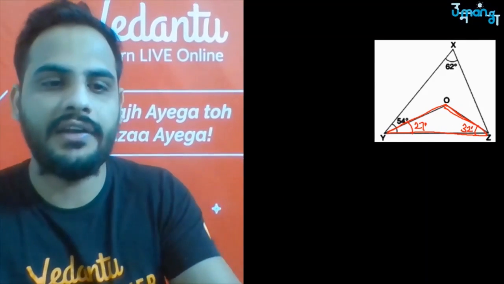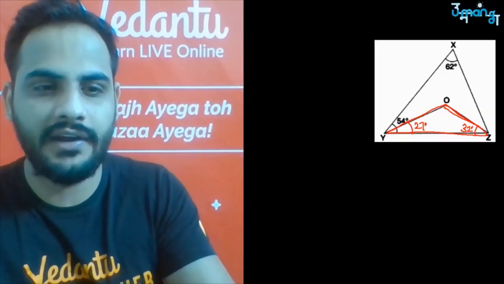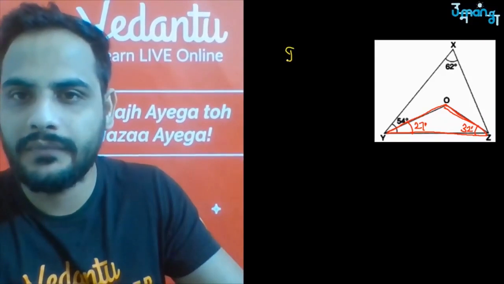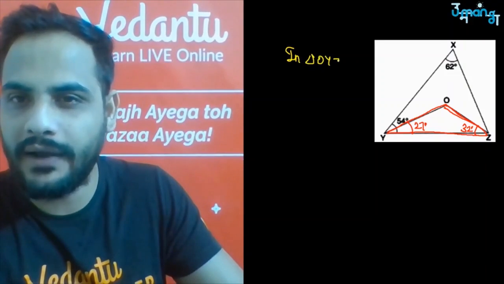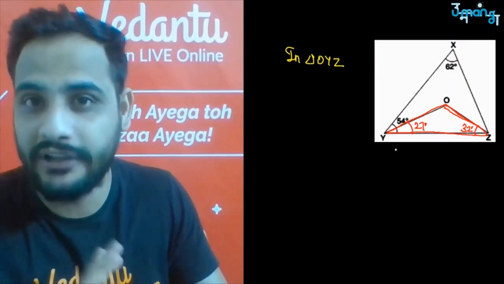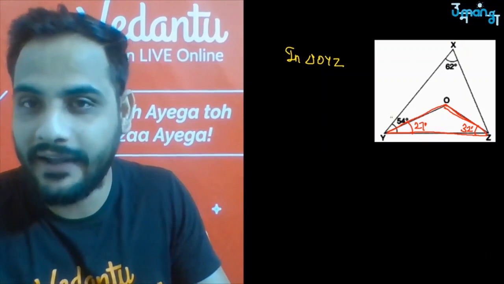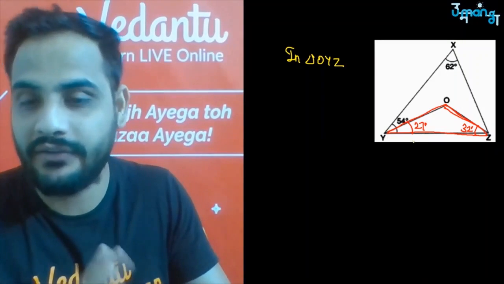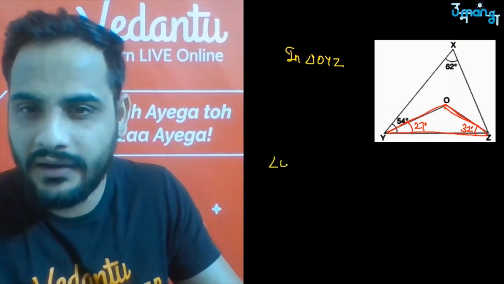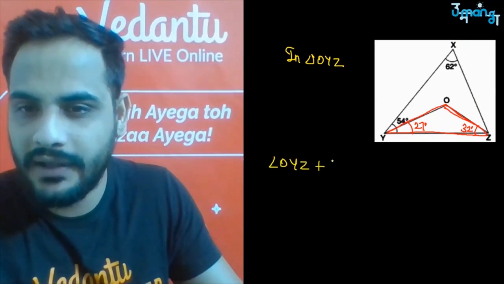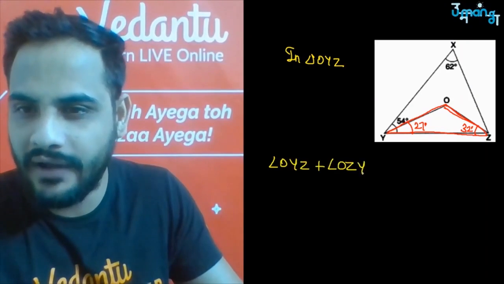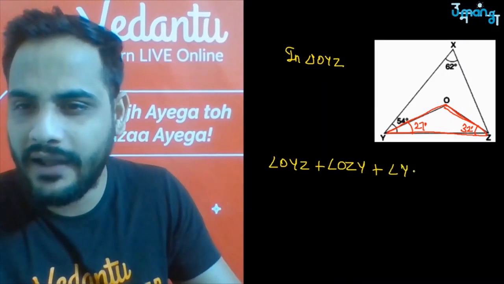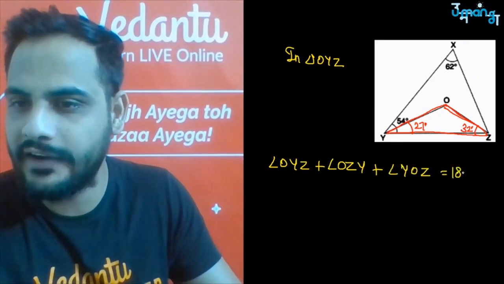So in triangle OYZ, here I have to write full names because I cannot write just angle Y, as that meant the complete angle Y. So angle OYZ plus angle OZY plus angle YOZ is equal to 180 degrees.